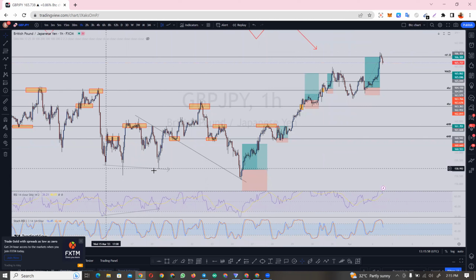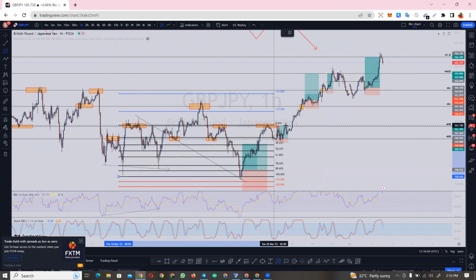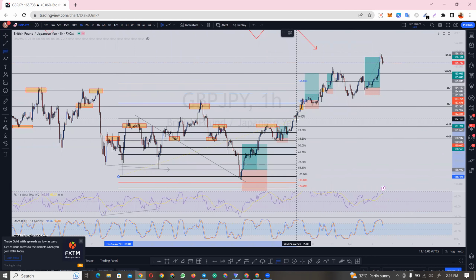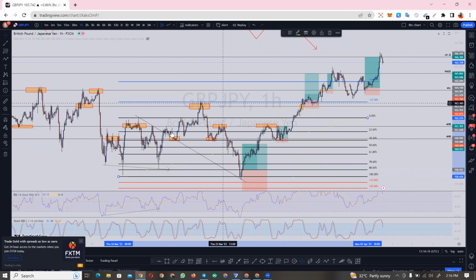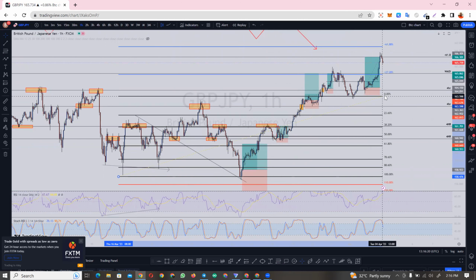So how I drew my fib when the stop happened, I put my fib from point A to point B here. So at first, this market hit negative 61.8. Here, the market didn't reverse, so I just brought the fib up to this zone.